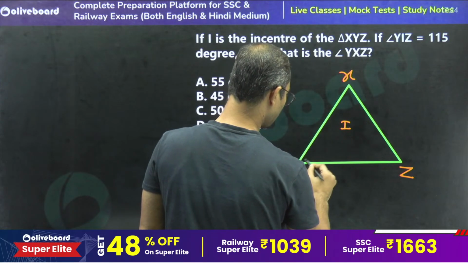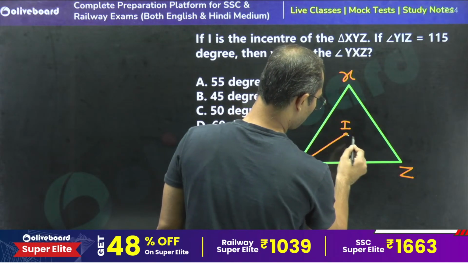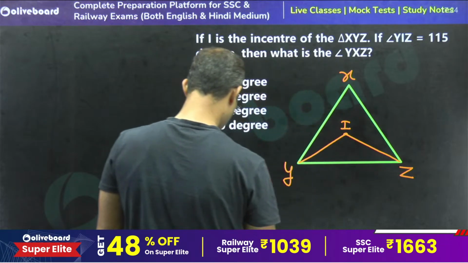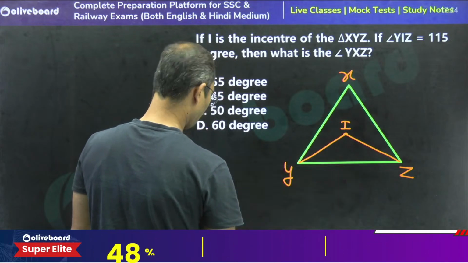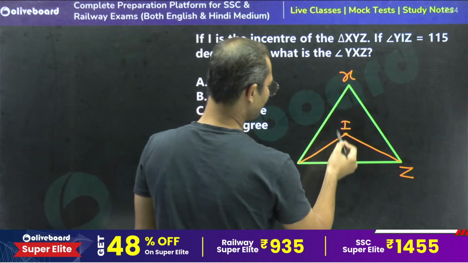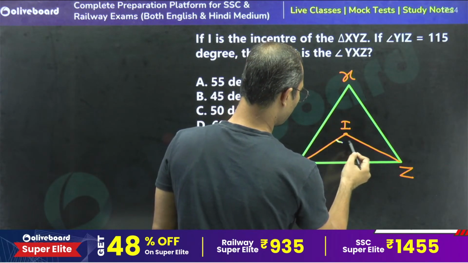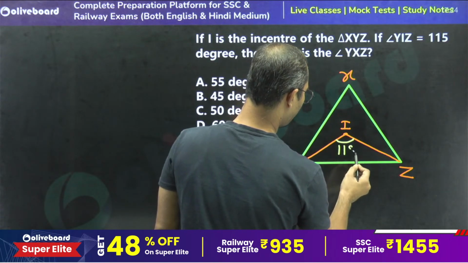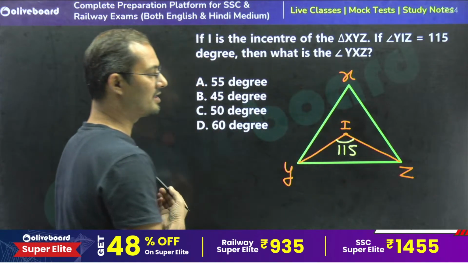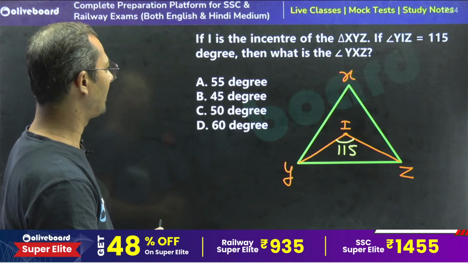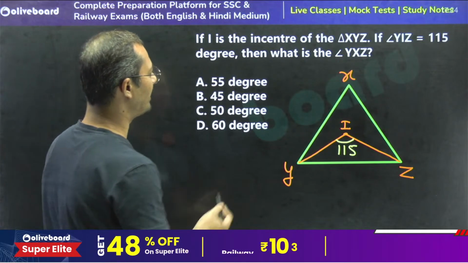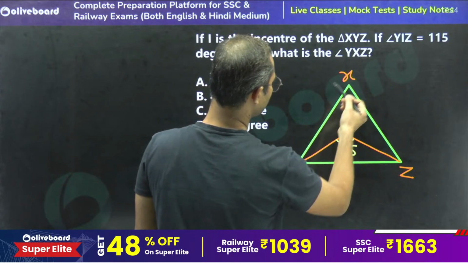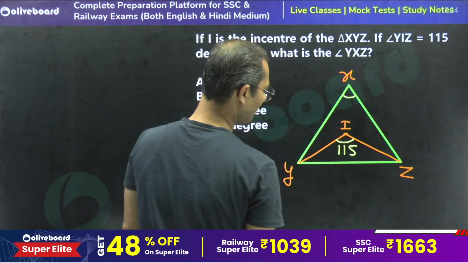So we can say that YIZ is equal to 115, right? So we have to find the value of YXZ, right?